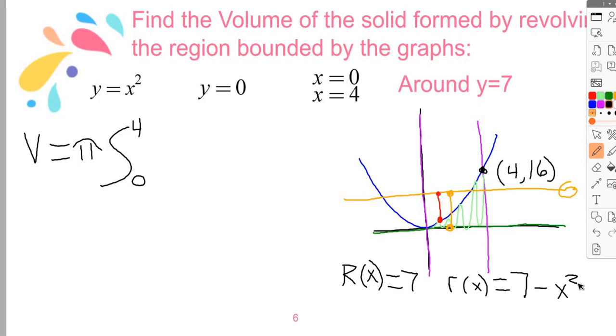I need to subtract off the stuff above that. So in order to find this length, I have to do 7 minus x squared. So then we have the integral of 7 squared minus (7 minus x squared) quantity squared dx.